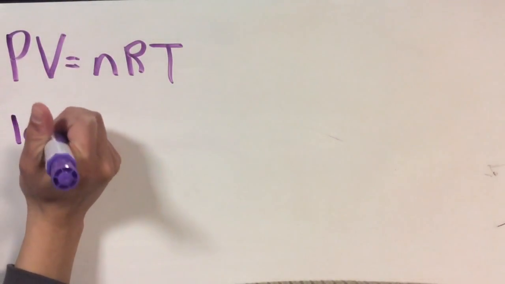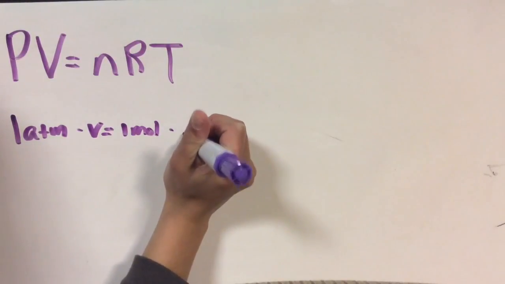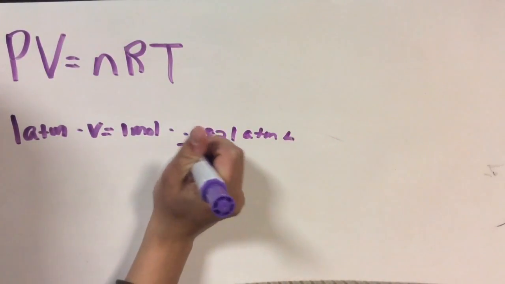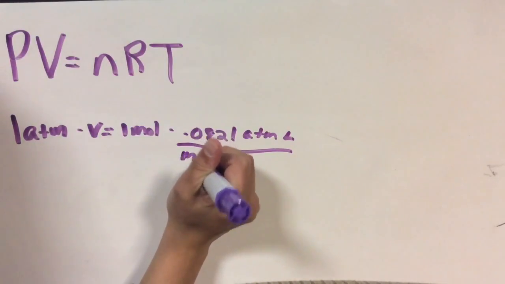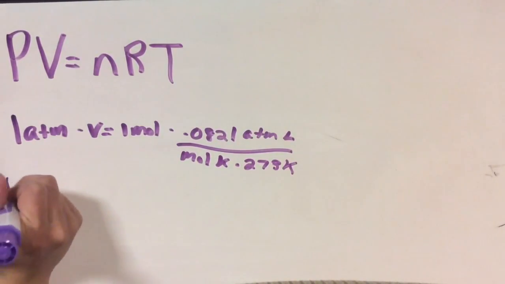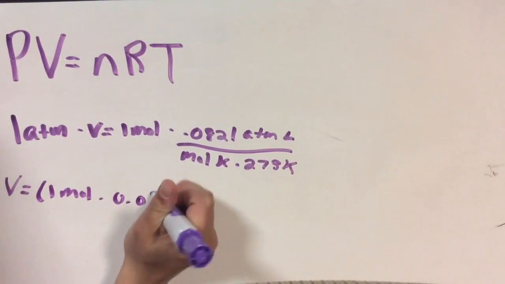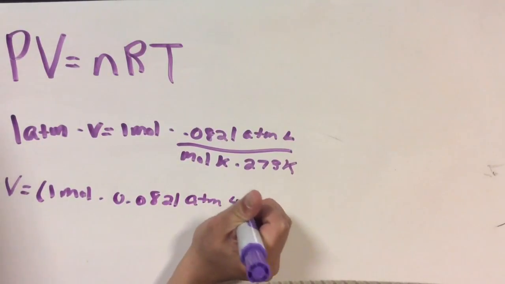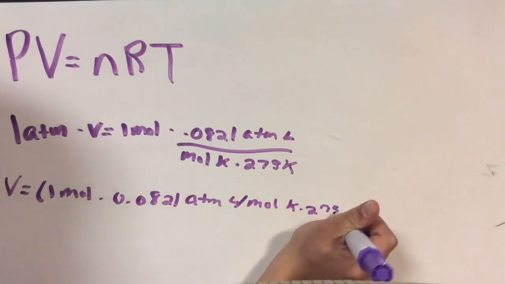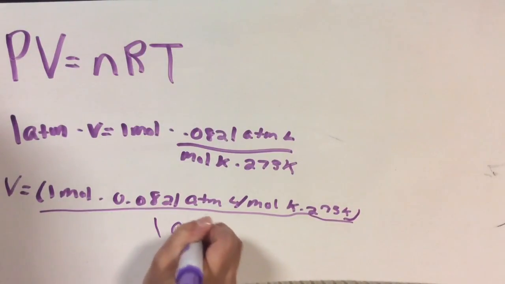So you're going to do 1 atm times the volume equals 1 mole times 0.0821 atm liters divided by mole K times 273 K. Therefore, the volume will equal 1 mole times 0.0821 atm liters over mole K times 273 K divided by 1 atm.